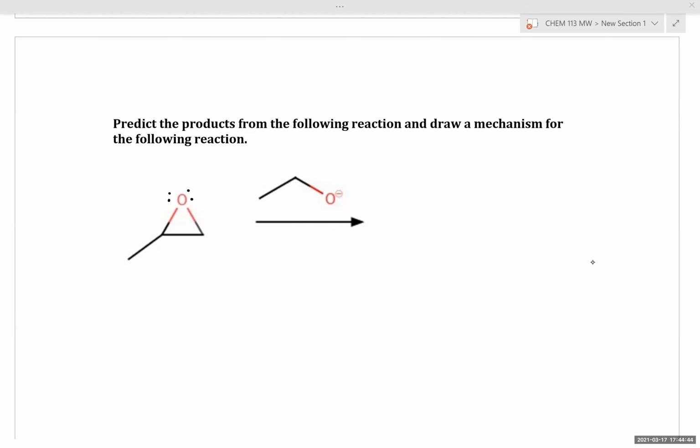Will our nucleophile attack at carbon A or B? So we have the student drawing out that our nucleophile attacks the least substituted carbon in SN2 fashion, and that opens our epoxide. Okay, so would you be able to draw the product after that addition step?